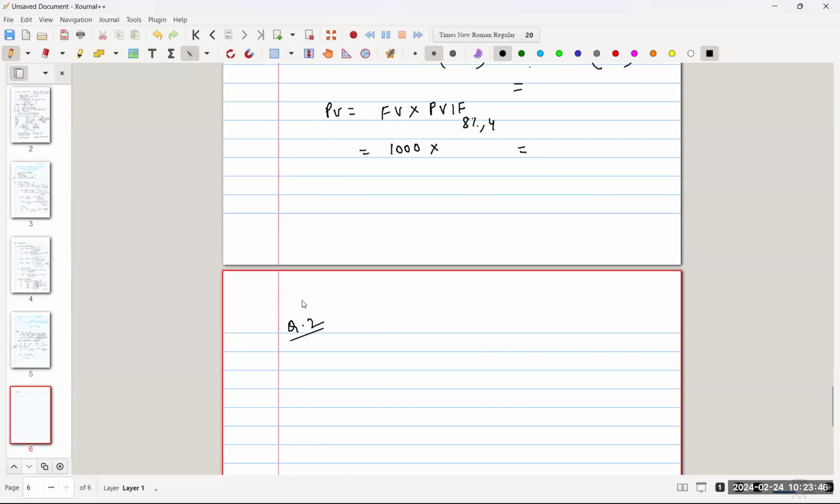This is saying that assume that you purchase a 6-year, 8% savings certificate, and you purchase it for $1,000.